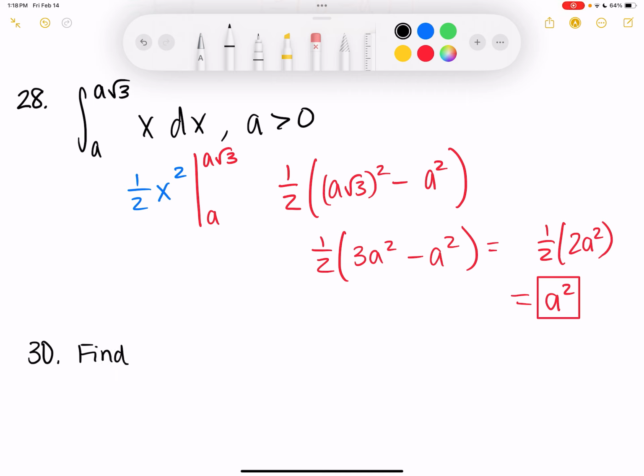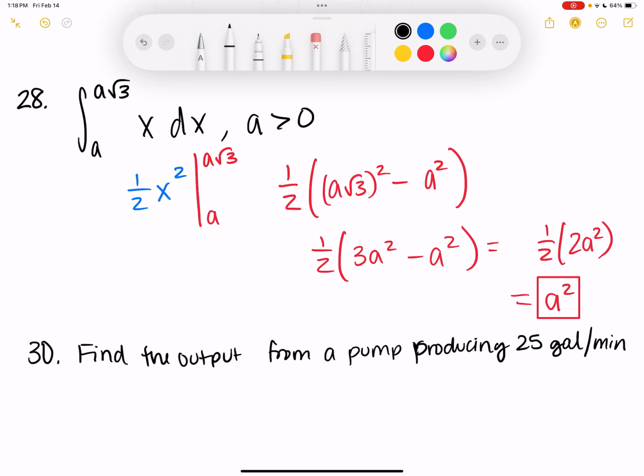Find the output from a pump producing 25 gallons per minute during the first hour of operation.